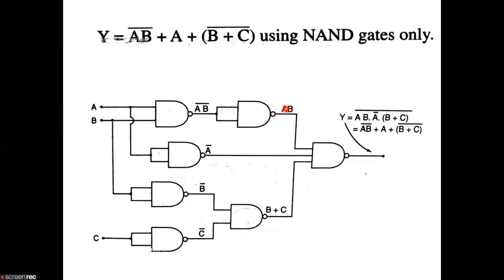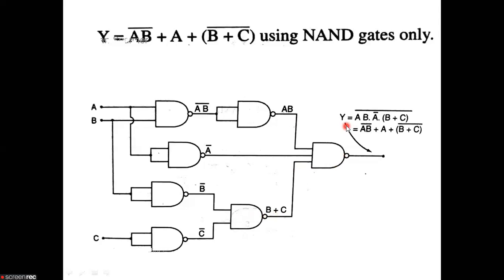So this one, the answer will be AB. Next, A bar is coming here, and this NAND gate is having 3 inputs. First one is AB, it is coming here, A bar is going here, and this B bar and C bar will be going to another NAND gate. The output is B plus C, and this B plus C is going here.